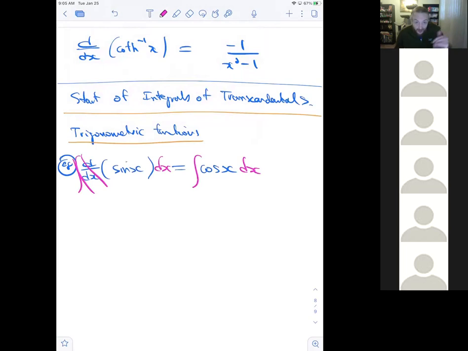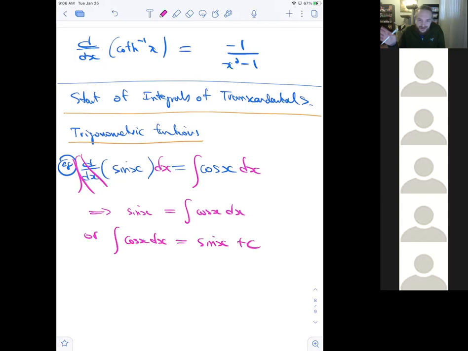So the integral following the derivative of sine should just leave us our values that cancel off. So this gives us sine x is equal to the integral of cos x dx, or the most general antiderivative we learned is up to a constant, so plus c. The integral of cos x dx is equal to sine x plus the constant of integration, the most general antiderivative.